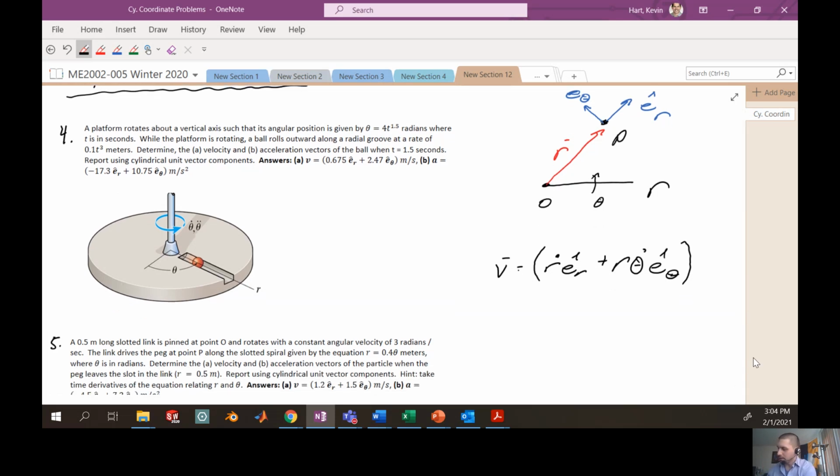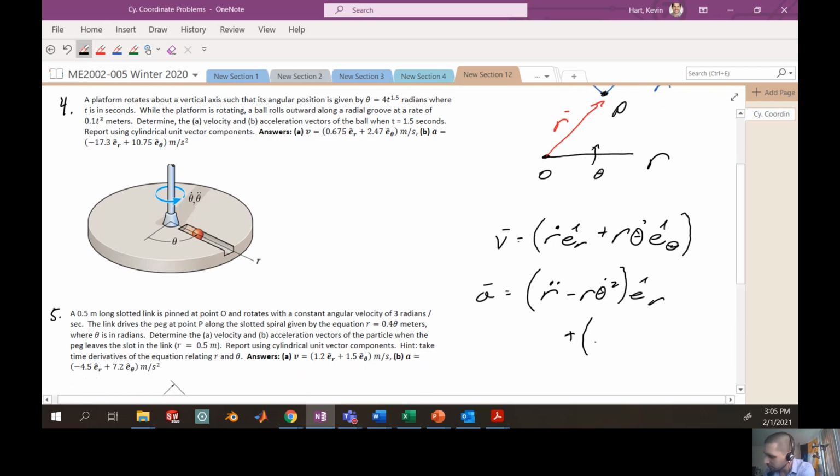And you want to get to a point where you can calculate acceleration with your typical acceleration form for cylindrical coordinates, which is r double dot minus r theta dot squared, e hat r, plus your transverse component, which is r theta double dot plus 2 r dot theta dot, e hat theta.